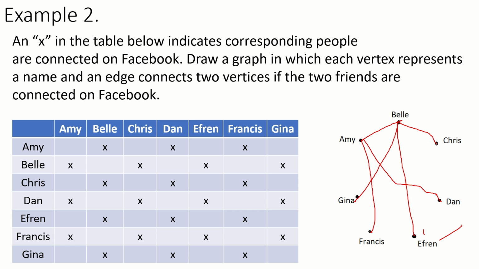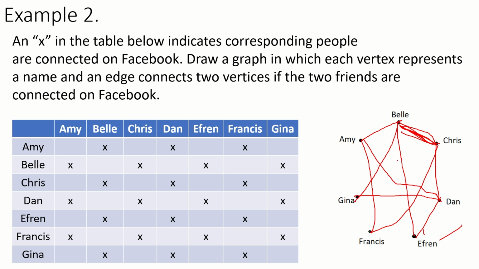Next, we have Chris and Belle, which is already done. Then we have Chris and Dan. Chris and Francis. Next, we have Dan. Dan and Amy, so we're done. Dan and Chris. Dan and Efren. So we have this. And then Dan and Gina.